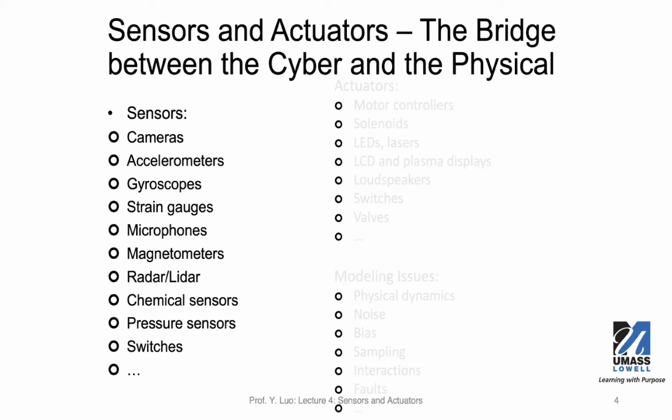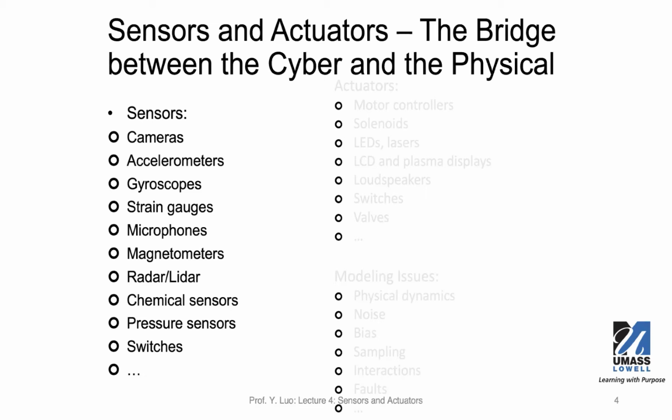Here's just a short list of the sensors. For example, cameras, image sensors, accelerometers measuring the acceleration, and gyroscopes measuring the rotation. And we also have strain gauges, which is to measure the pressure or the strain on the surface.